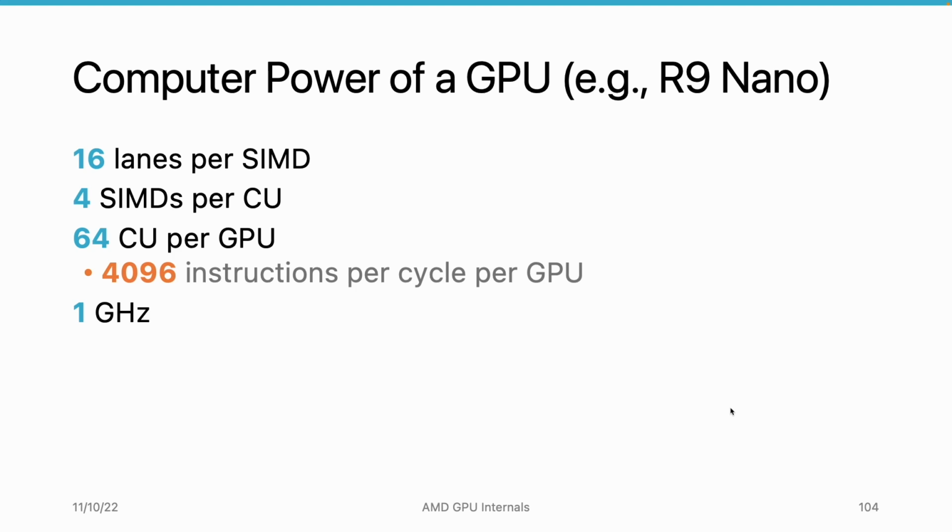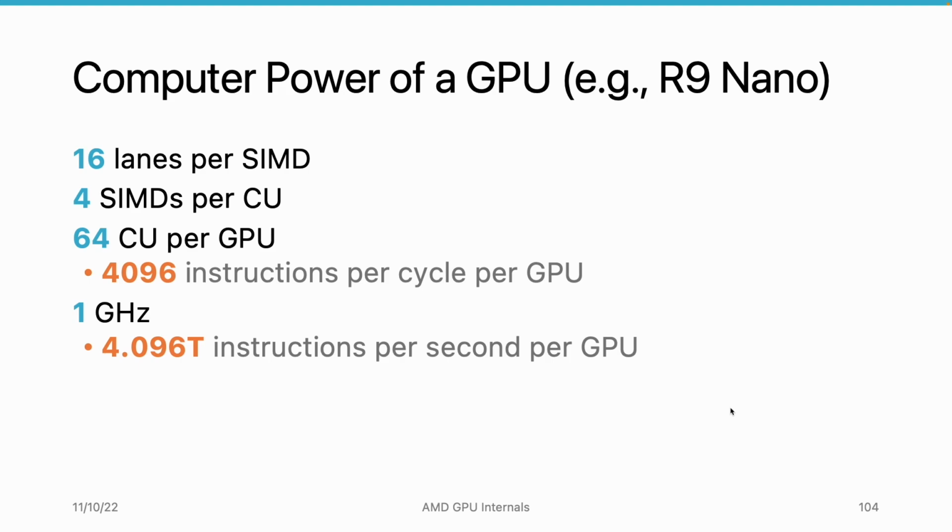It's super easy to compute. That means we can calculate 4.096 trillion instructions per second per GPU. We also need to consider one special case, the MAD, the multiply and addition, or multiply accumulation instruction. That's considered as a multiplication operation and a summation operation. Let's consider two operations, and these two operations can be completed in one cycle.